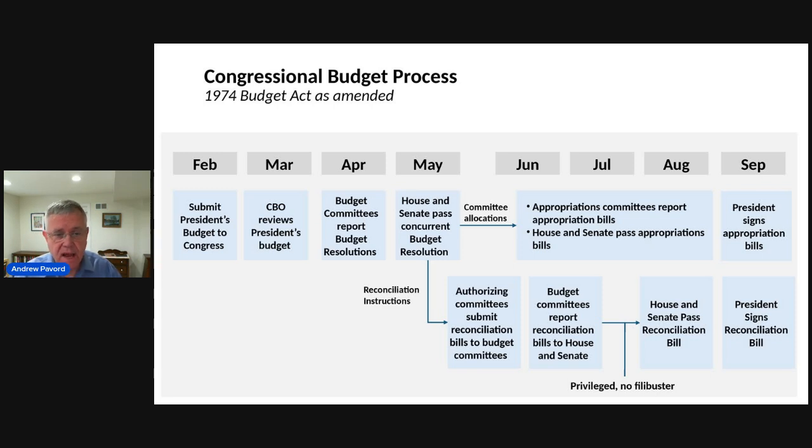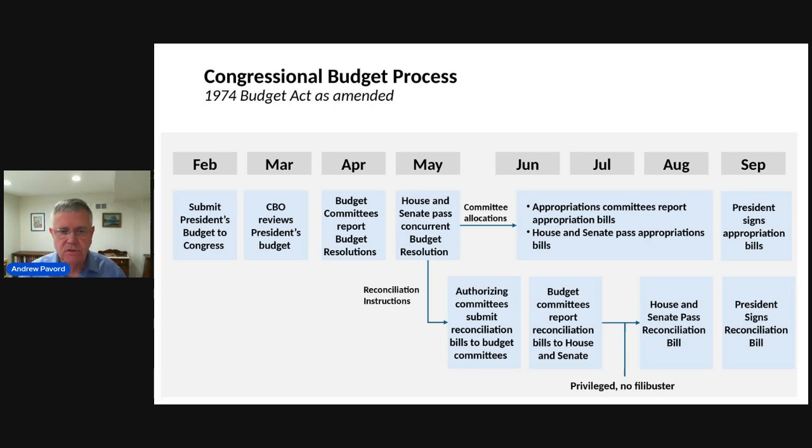It is not signed by the president. It's a resolution that establishes rules under which the House and Senate will consider appropriation laws and other legislation. And there's two major pieces to a budget resolution. There's the committee allocations process, where each appropriation committee is given a sum of money or a target for budget authority.